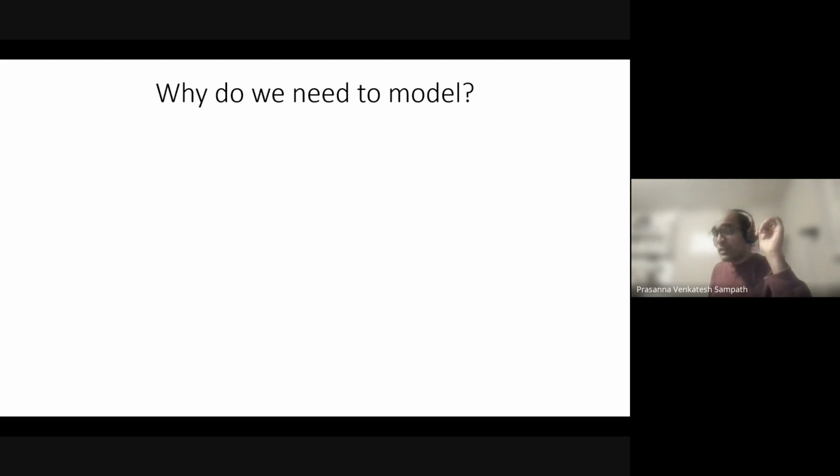So what you're saying is that if I want to find out what will happen if I do this, if I do that, if I try different combinations, if I try different scenarios, I can't test them out in the real world. Instead of that, I will have a model in which I try these different options and then see what happens, and then that becomes the basis for me to take a decision.